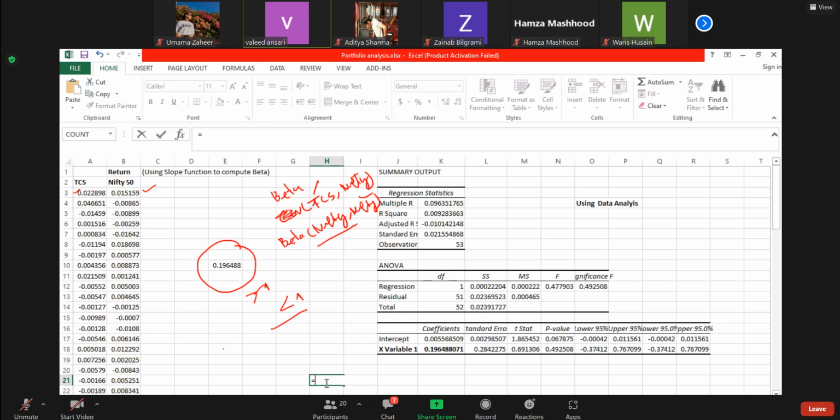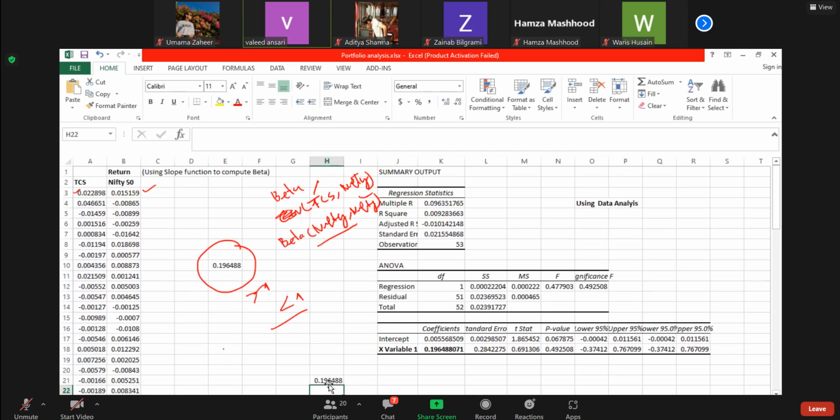I will type it: A3 to A55, comma, same B3 to B55, hit enter.